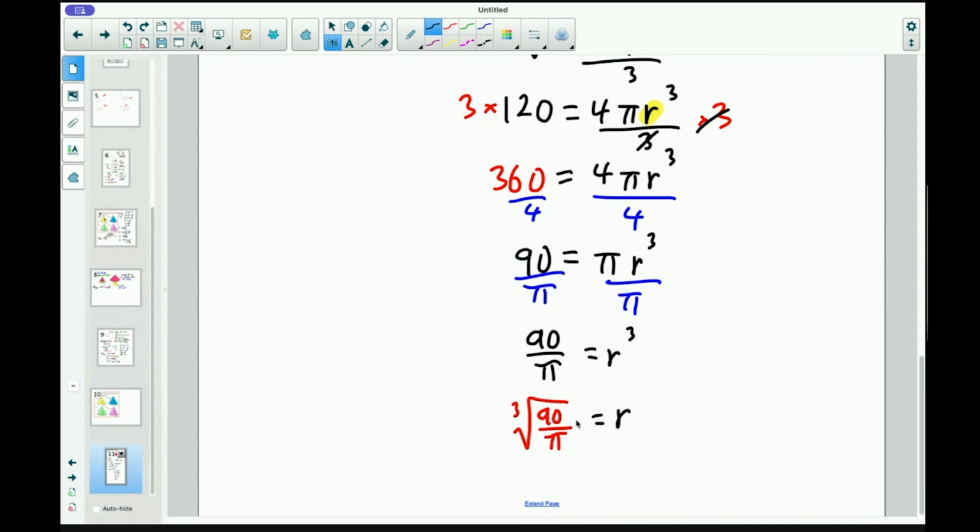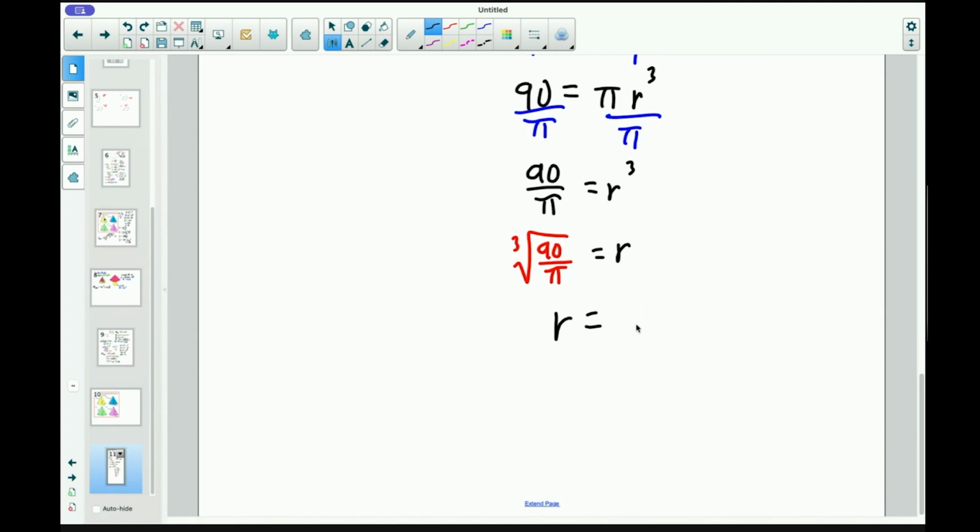Okay, so I would go 90 divided by pi, and I'm going to take the cube root. So the cube root of 90 divided by pi. I'm going to be very careful with how I type this in. Cube root of 90 divided by pi, and I end up getting r is equal to 3.0598... And I'm just going to round this to 3.